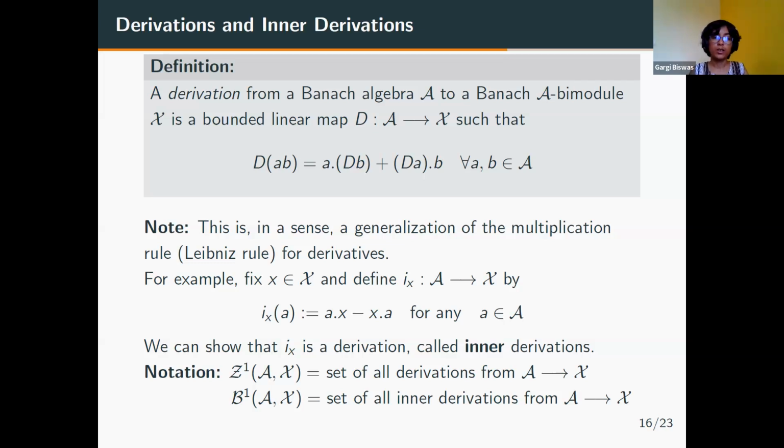One simple thing to note is that both Z1 and B1 are actually subspaces of the set of all bounded linear operators from A to X, which is a Banach space in the operator norm. So if nothing else, Z1 and B1 have a vector space structure, because Banach spaces are first of all vector spaces, so we can talk about quotients and all of that.